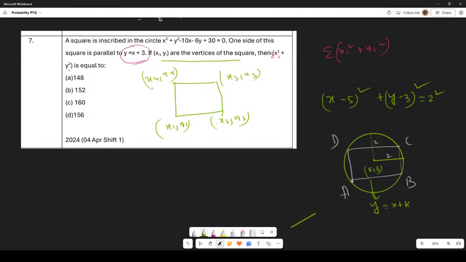Can I take that? It is parallel to y equal to x plus 3. And this line I can take in what manner? This is perpendicular, x plus y equal to, say, m. Perpendicular lines, product of slopes will be minus 1. This slope is 1, this slope is minus 1, their product is minus 1.